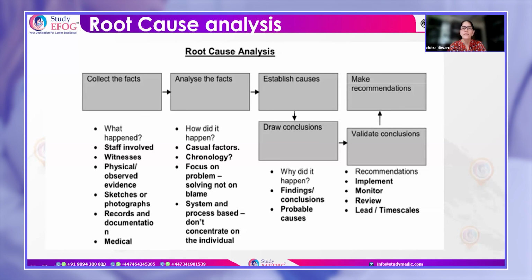You have to validate the conclusions and make recommendations. Now, after you have made recommendations, you have to make sure that the recommendations are implemented. There should be someone who is going to monitor whether these changes are taking place or not. You have to review it, and then you have to also give a time scale in which the review is going to be done.